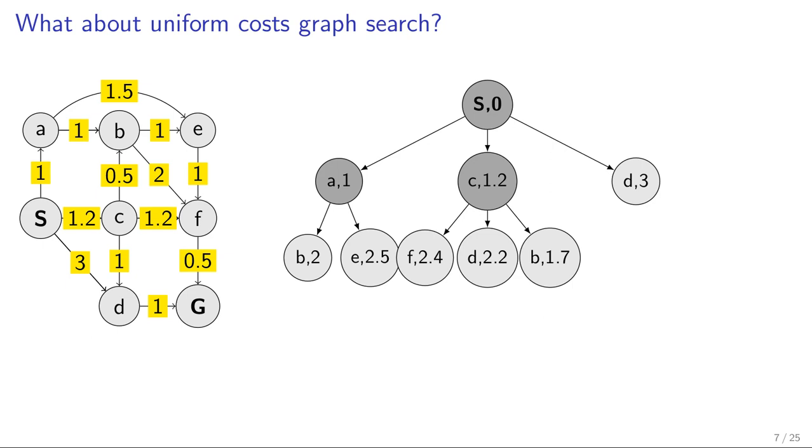So in this case, it's not a simple queue like before. It's going to be a priority queue, weighted basically by the cost so far. So this is currently going to be at the end of the queue, and only once this becomes the smallest number will we expand the D. So in that sense, it's on the frontier, so we're checking it, but it's going to have to wait because it was expensive to get there.